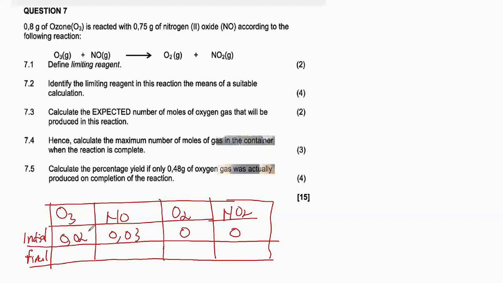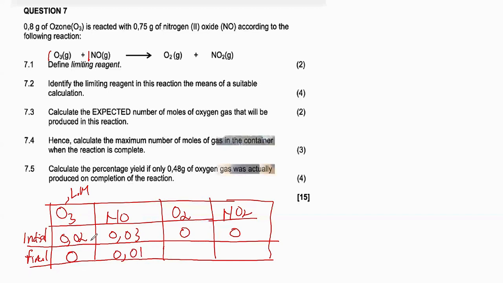So finally, we find out that all of the O3 was used up because this was the limiting reagent. Now, if all of the O3 is used up, that means we were left with 0 here. But then here, according to the ratio of 1:1, 0.02 reacted, and then we were left with 0.01.